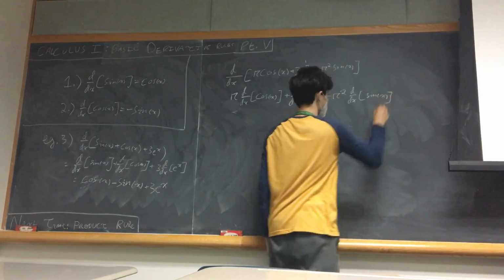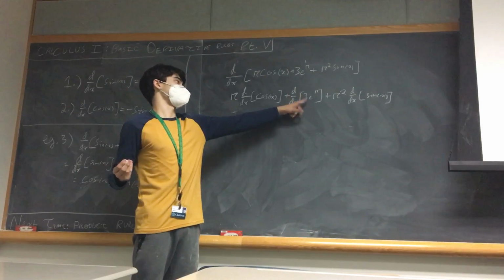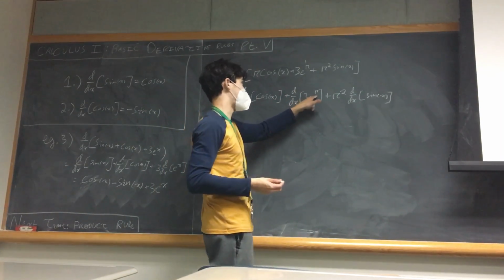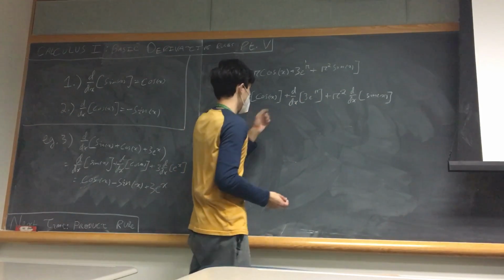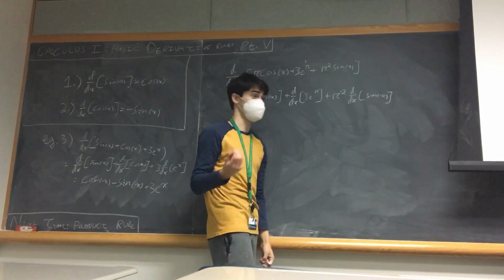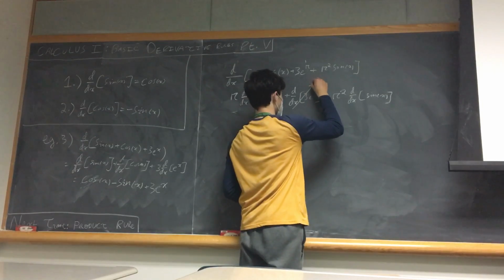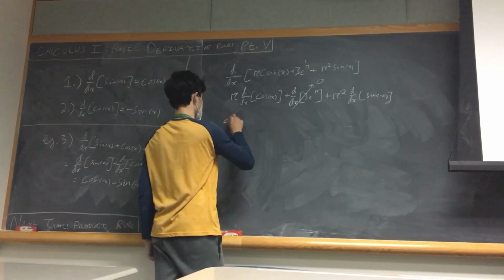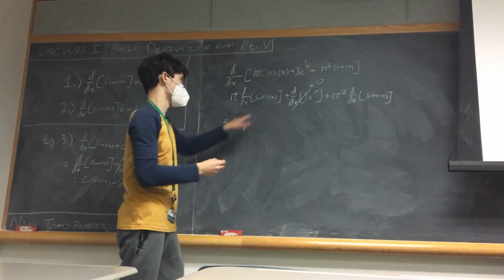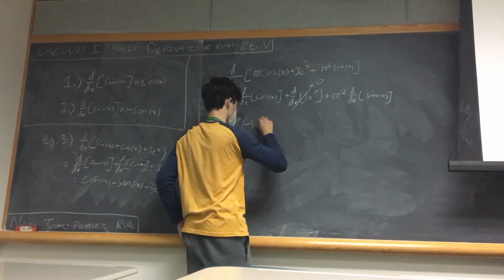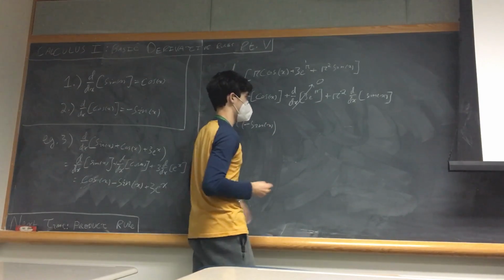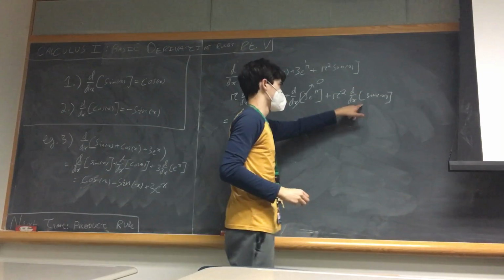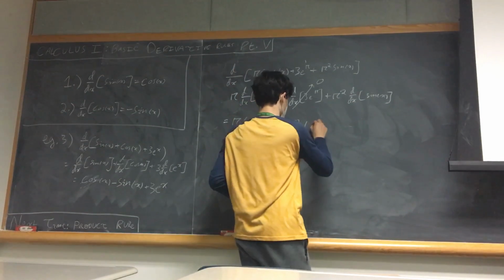Now the reason that I didn't bother to take the 3 out to the front of this middle derivative here is that 3e to the pi is a constant. And we remember the derivative of a constant is 0. So this middle term actually is 0. So this first term is pi times the derivative of cosine of x, which is negative sine of x, and plus pi squared times the derivative of sine of x, which is cosine of x.